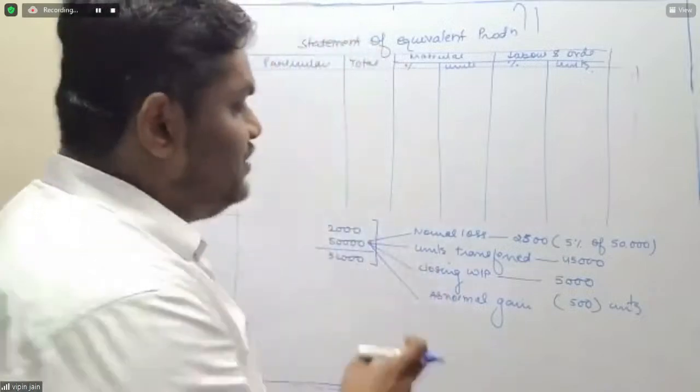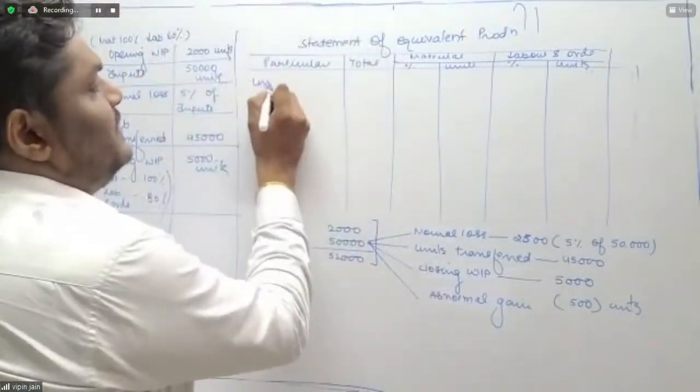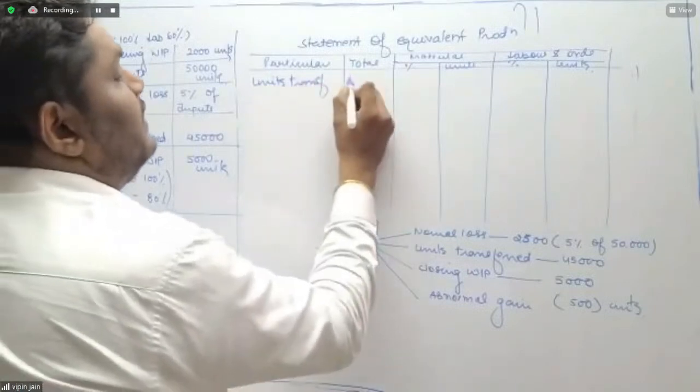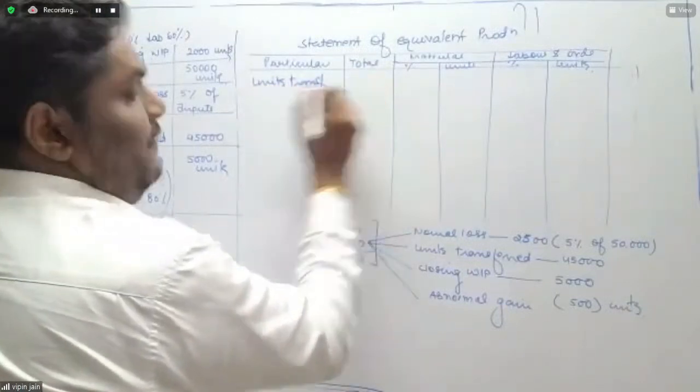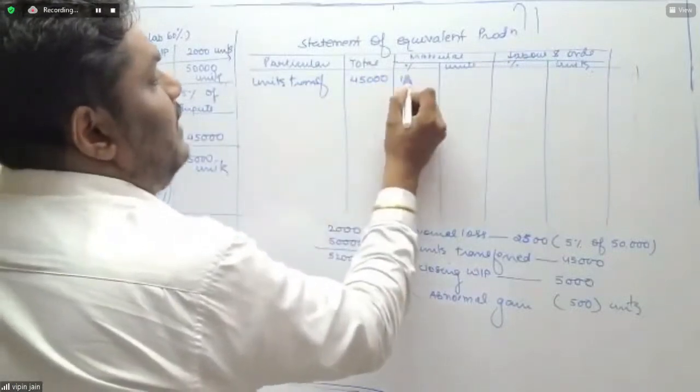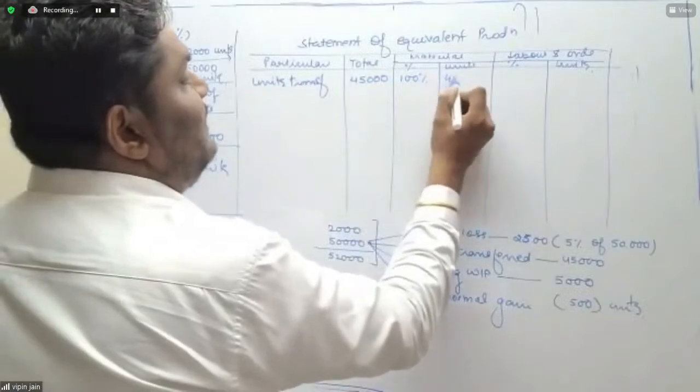Let me solve this question now. So very simple, guys. Total units transferred are 45,000, and they are 100% complete, that is 45,000.